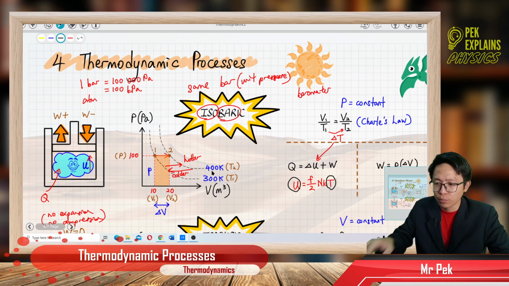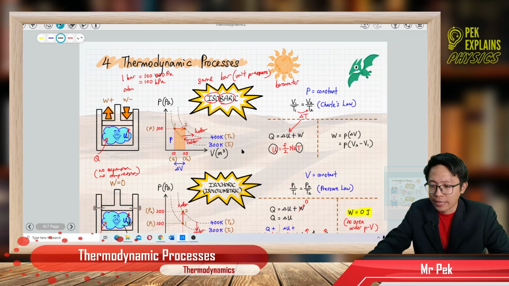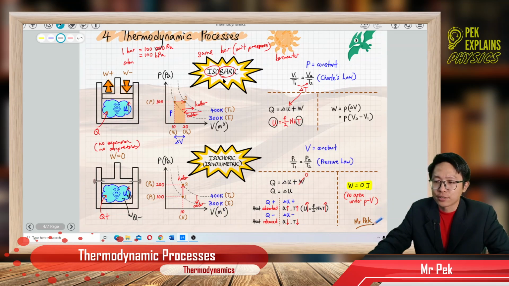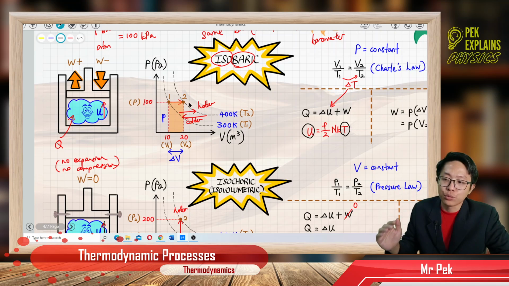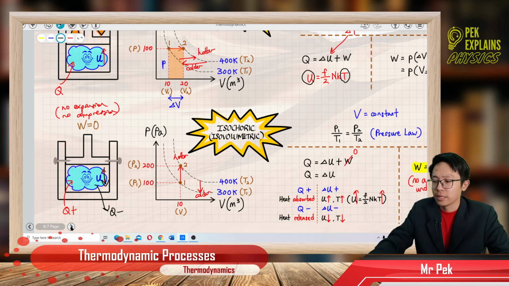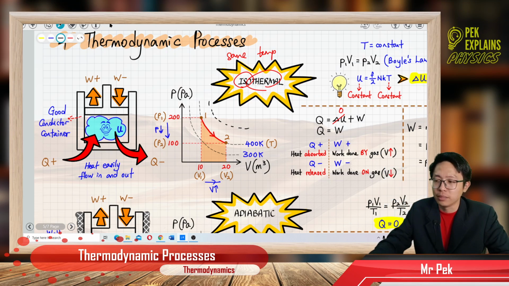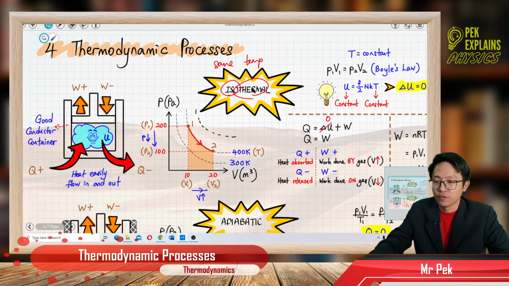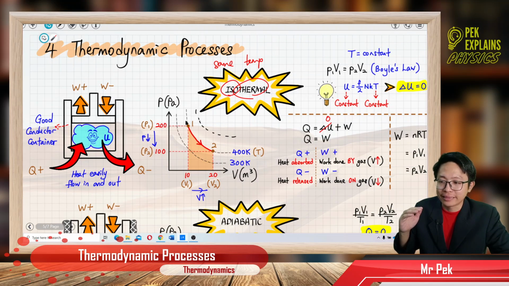Unlike the previous 2 processes, isobaric and isochoric, where you see that it jumped from one isotherm line to another isotherm line, so the temperature changes. But for the isothermal process, it maintained on the same isotherm line.